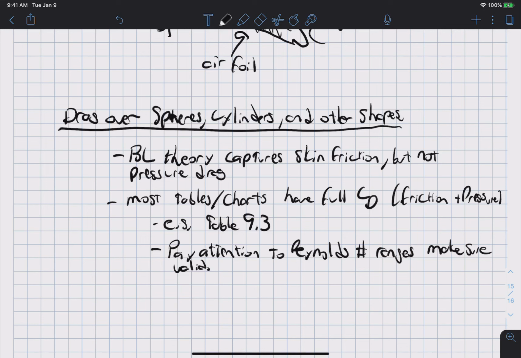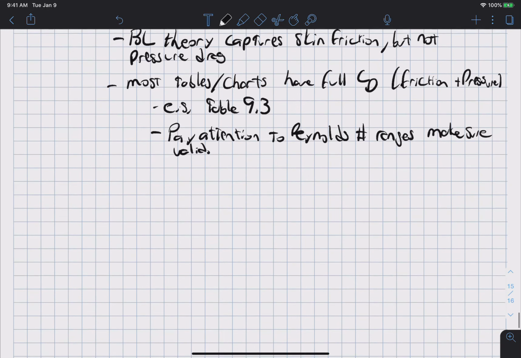Now the drag over a sphere is such a common shape, it's very well characterized. This would be Fig 9.11, and a cylinder, which is similar, is Fig 9.12.